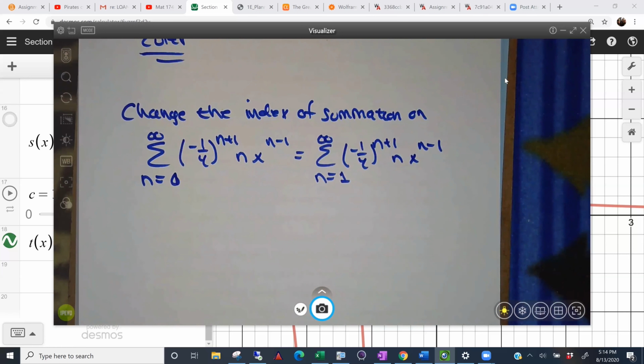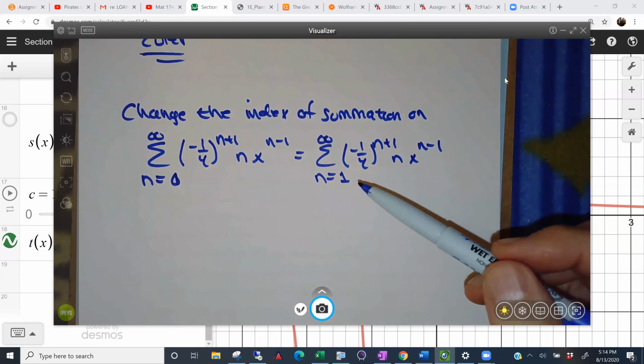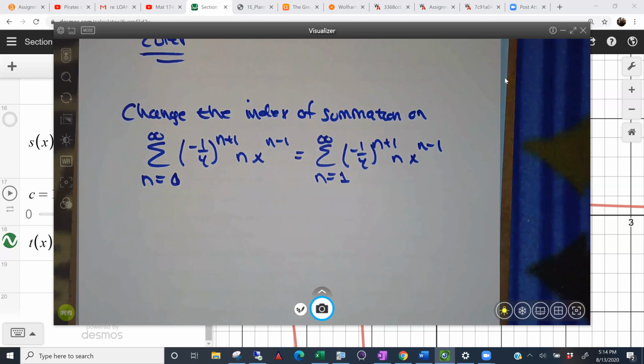Now, for a variety of reasons, one of which we just saw up above, sometimes you want to start a series at a different place. You want to start summing at 0. Okay, we can do that. We're going to rewrite this so that this series starts at 0. So what's that going to mean? Well, let's come up with a different index of summation then.